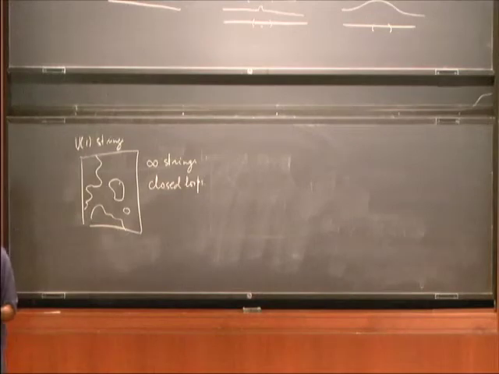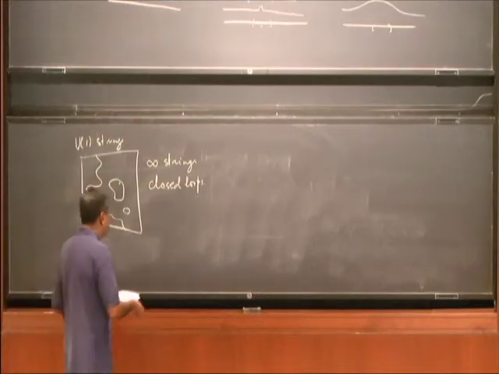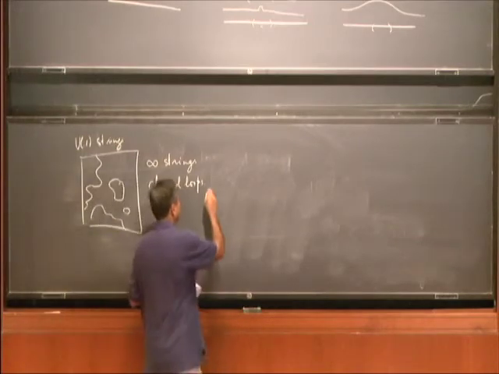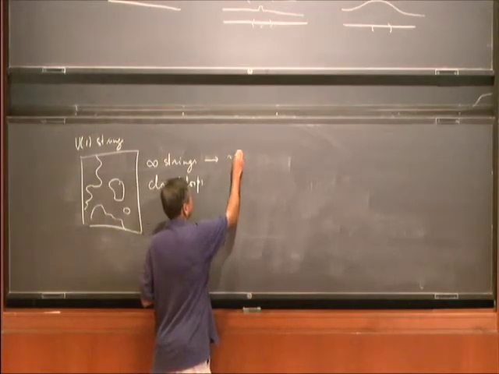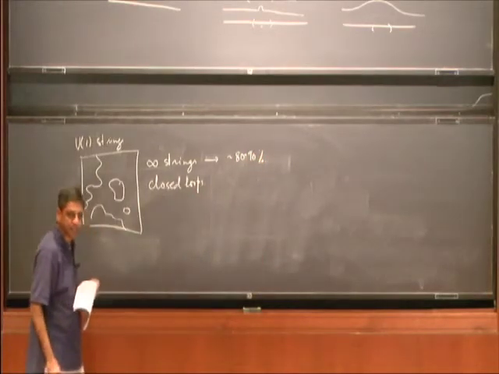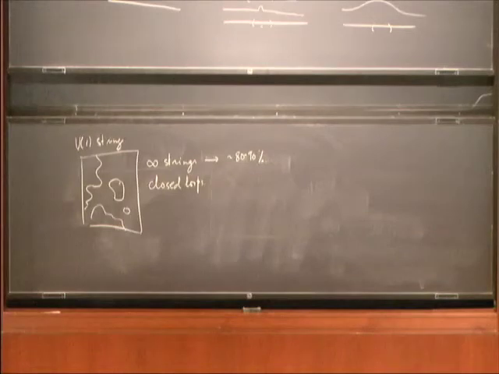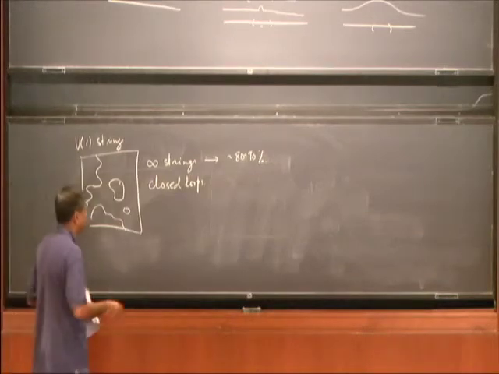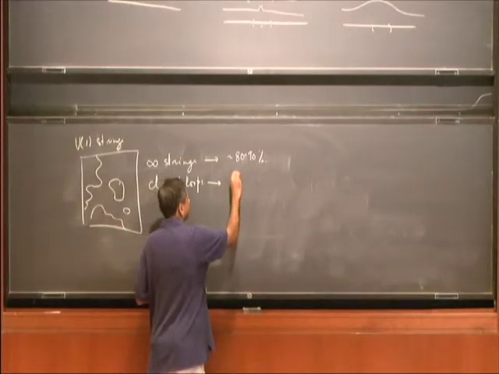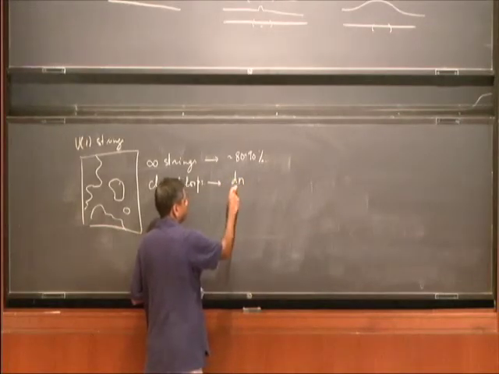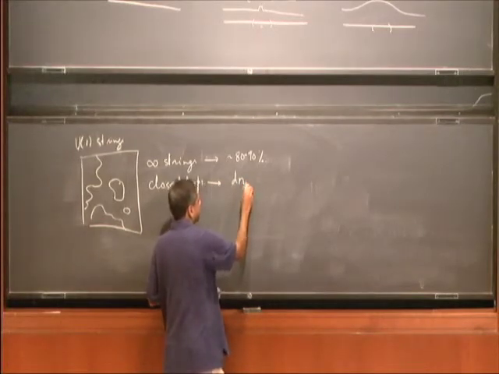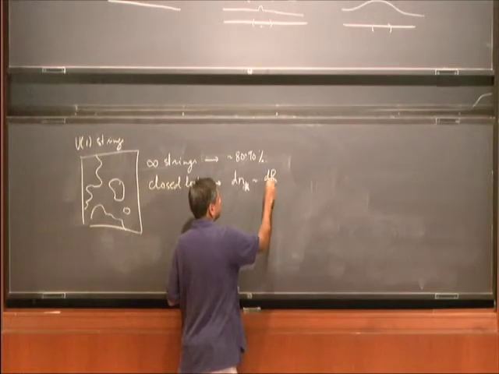By simulating this process, you find that about 80 to 90% of the strings are in long strings, infinite strings that don't close, and the rest is in closed loops. And the number of loops per unit volume of a given size, let's call it R, is scale invariant.